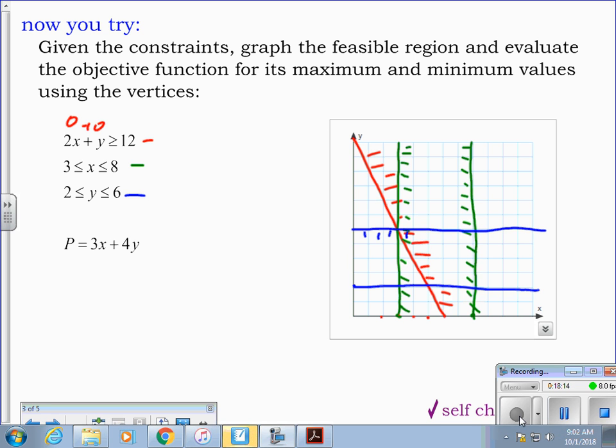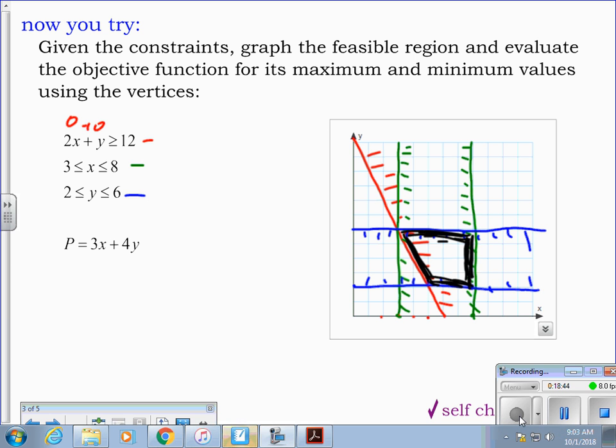And it's everywhere in here. So our region, and this is one where you have to be careful, students, is between these two lines. It's this little space inside there. That's my feasible region.